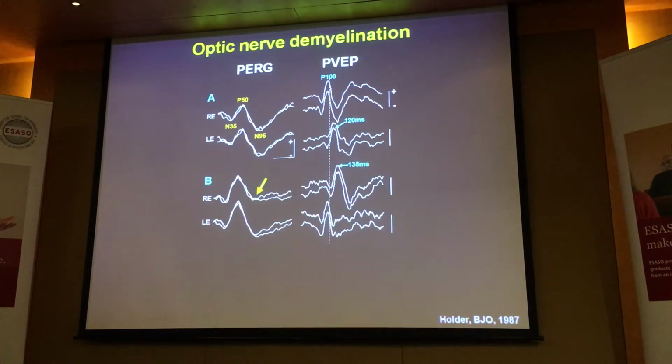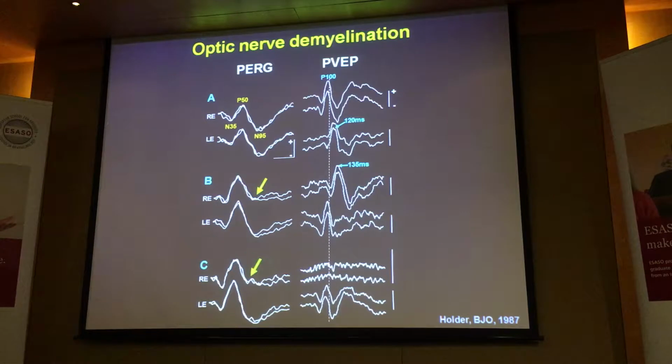In contrast, this patient, beautiful P50, unilateral loss of N95, unilateral delay. So this patient has got significant retrograde degeneration to the ganglion cells from the optic nerve. And this patient has no VEP detected.